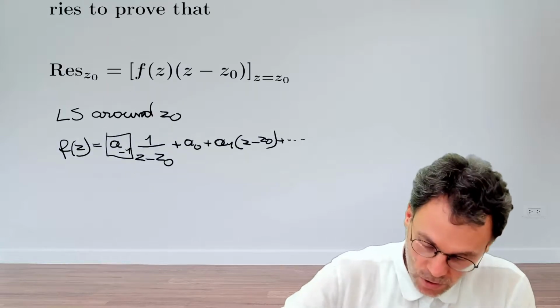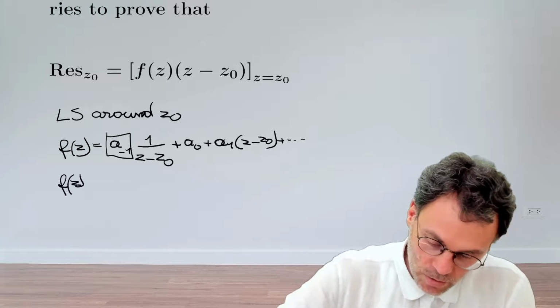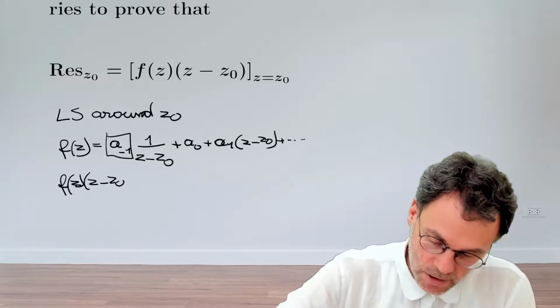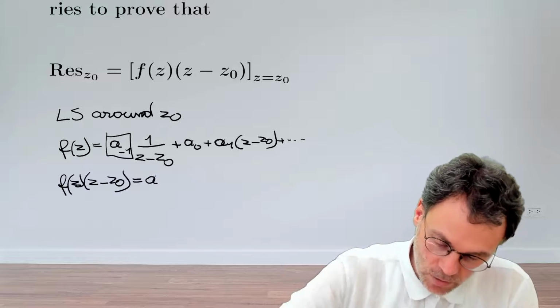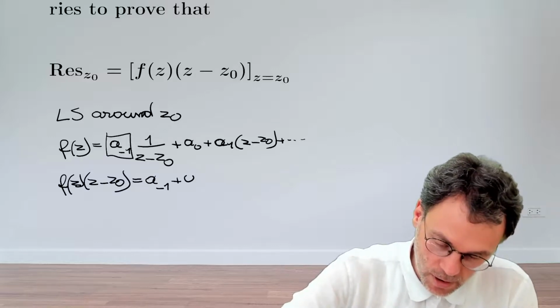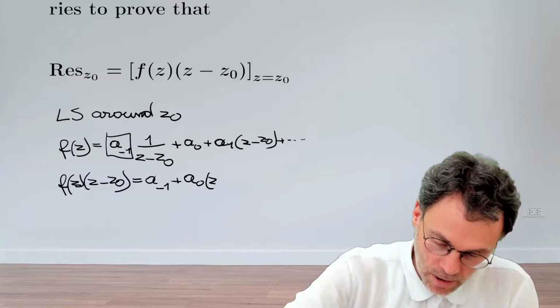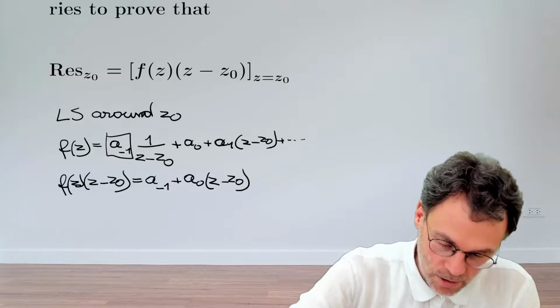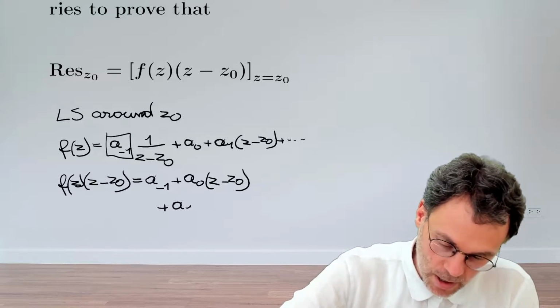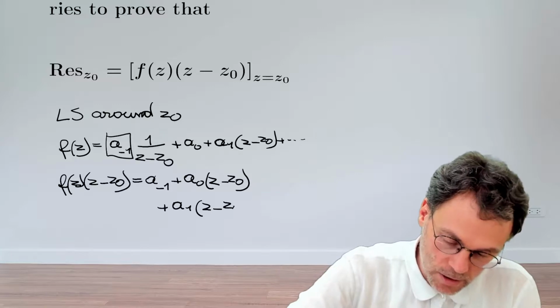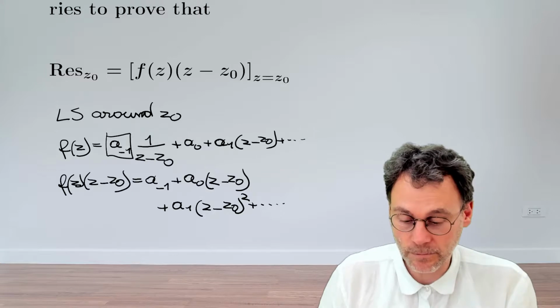So the recipe just told us that the first thing to do was multiplying our function by z minus z naught. So then we get a minus 1, a naught times z minus z naught, a 1 times z minus z naught squared, and a lot of higher order terms.